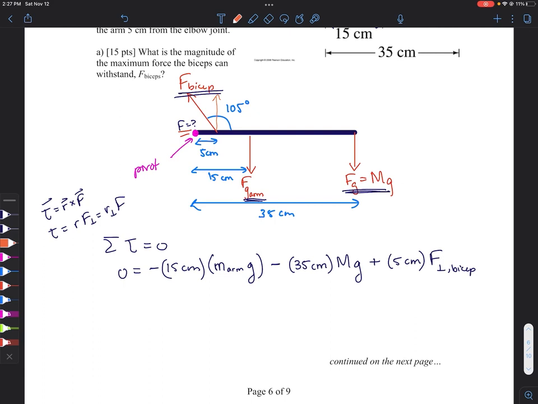If we take the sine of 105 degrees, that should give us the perpendicular component. But I'd rather think about this in terms of angles less than 90 degrees. So what would I like to do here? If this is 105 degrees, then this angle is 180 minus 105, which is equal to 75 degrees.